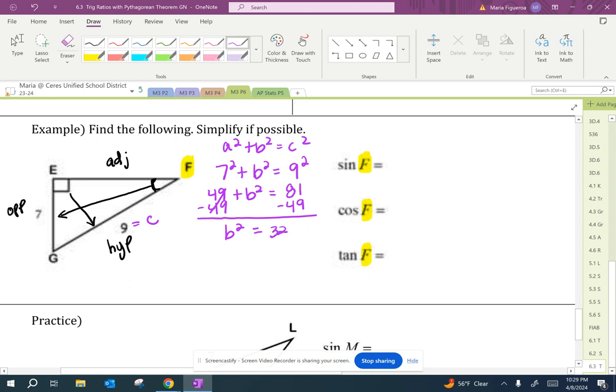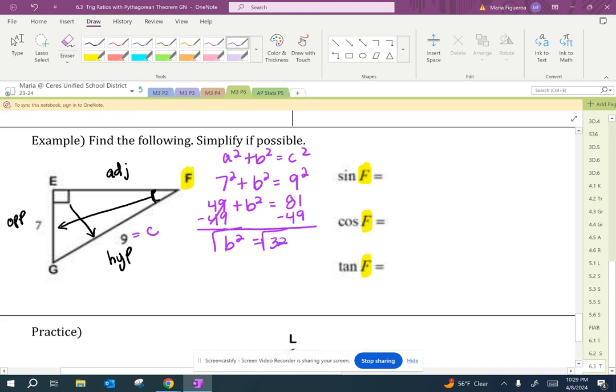And so then if I take the square root of b squared, that leaves us with the square root of 16 times the square root of 2, which simplifies to 4 root 2. So the adjacent side is 4 root 2. And then we can use our SOHCAHTOA to find the missing sides.